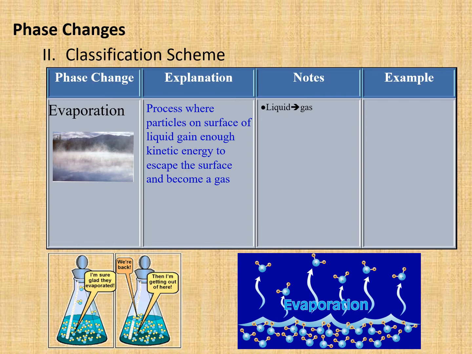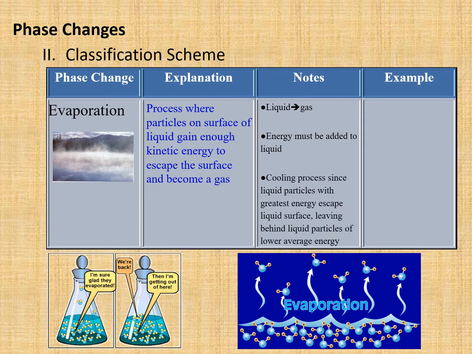In order for the particle on the liquid surface to escape its attraction for the liquid particles beneath it, that particle must gain energy. We can think of evaporation as a cooling process, since liquid particles with the greatest energy escape the liquid surface, leaving behind liquid particles of lower average kinetic energy.